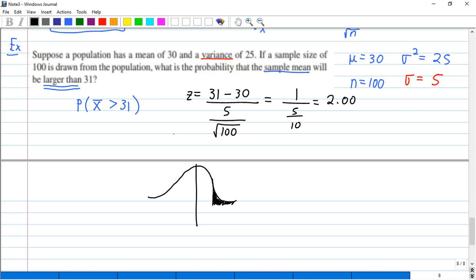So we're trying to figure out the area under the curve that is to the right of z equals 2.00. So remember, the way that we do that with our tables is what? We're going to say 1 minus what we get from our table when we look up a z-score of 2.00.